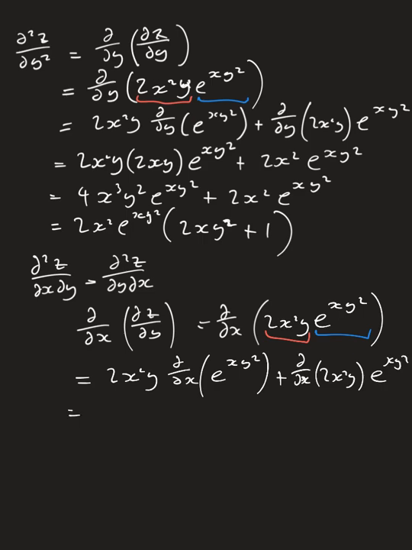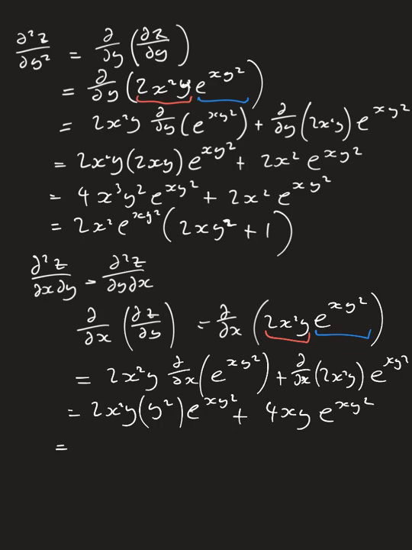Remember, this time we're differentiating with respect to x and treating y as a constant. So I get 2x squared y here, and the derivative of what's on top there now in the exponent with respect to x is y squared. So by the chain rule I get this. The derivative of 2x squared y with respect to x is 4xy.